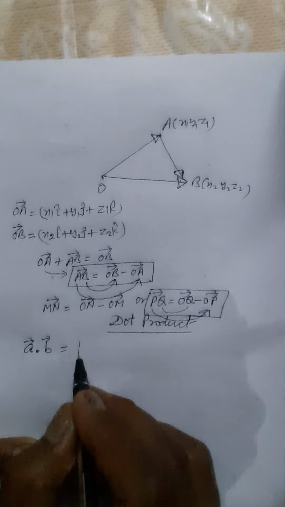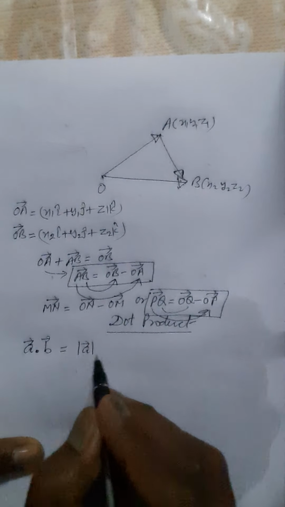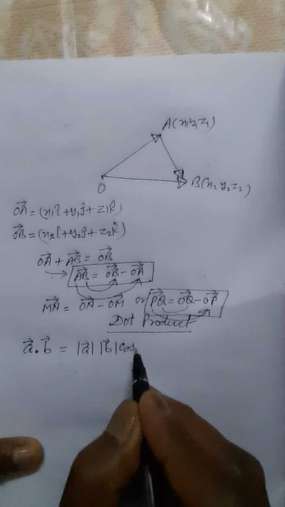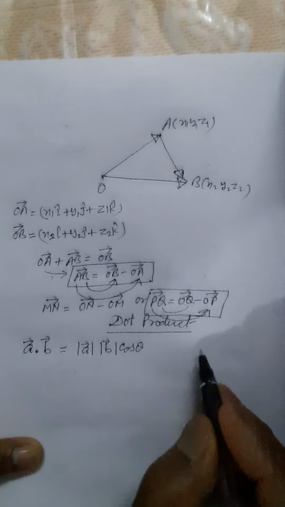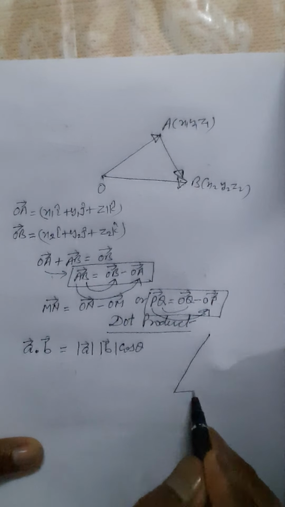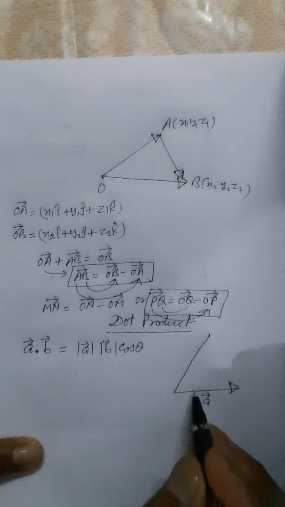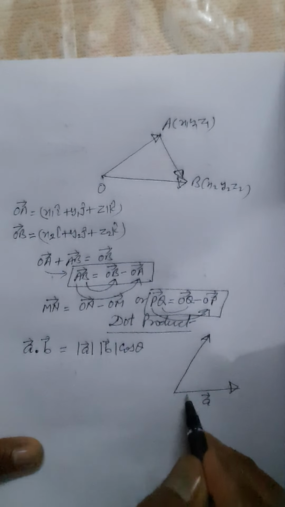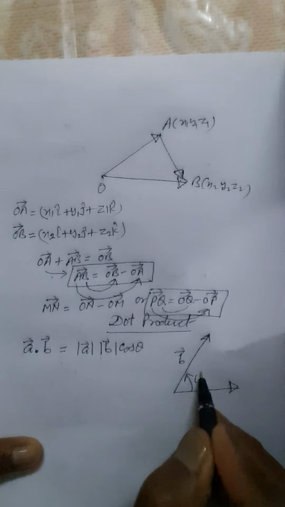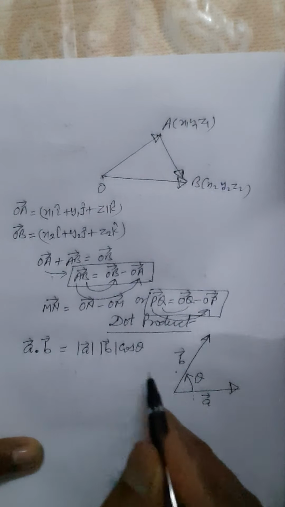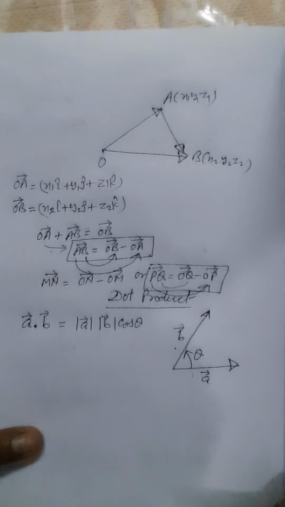This will be defined as magnitude of vector A, magnitude of vector B, and the cosine of the angle between them, cos theta. Here is the vector A, here is the vector B. The angle between them is theta, from A to B. So that will be a positive angle, anti-clockwise.